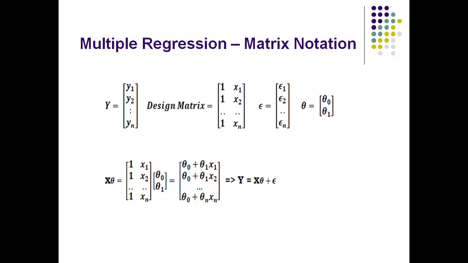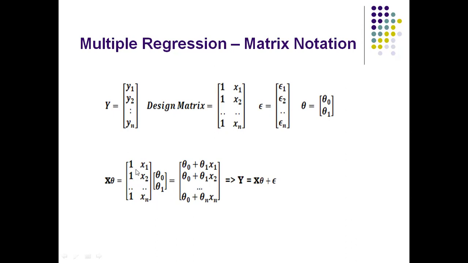And this is the design matrix we discussed earlier: the first column is 1, and the next is x1, x2, up to xn. This is the error, and theta is theta 0, theta 1. So X theta is the design matrix multiplied by theta 0, theta 1. Please check this matrix multiplication.